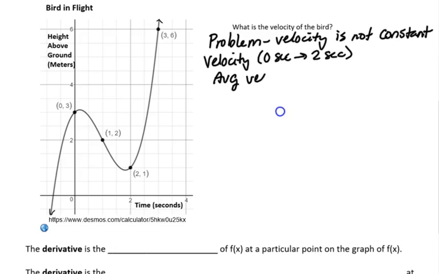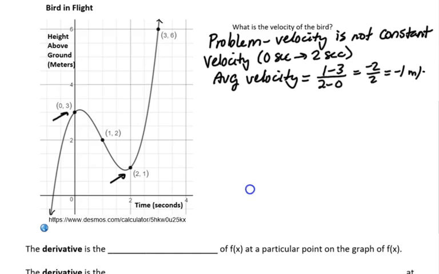The average velocity would be the change in y over the change in x. Looking at these 2 points right here, the change in y would be 1 minus 3, and the change in x would be 2 minus 0, and we would end up with negative 2 over 2, or negative 1 meters per second.